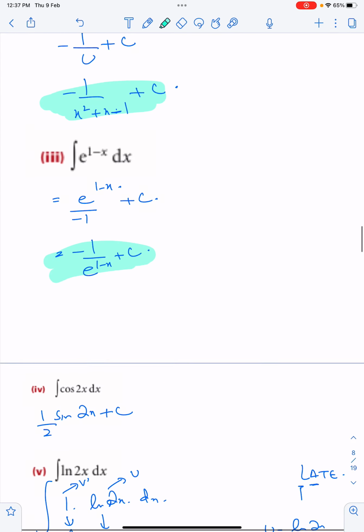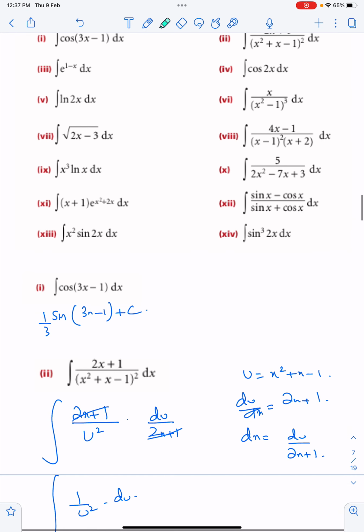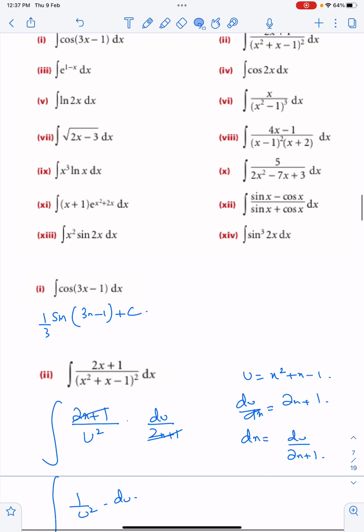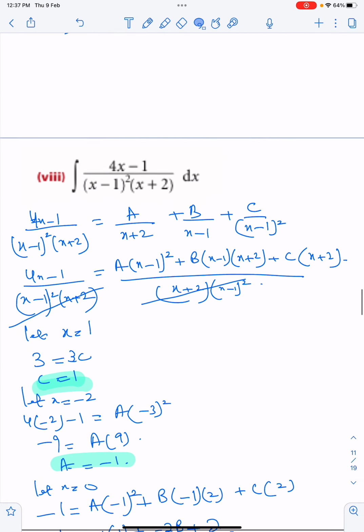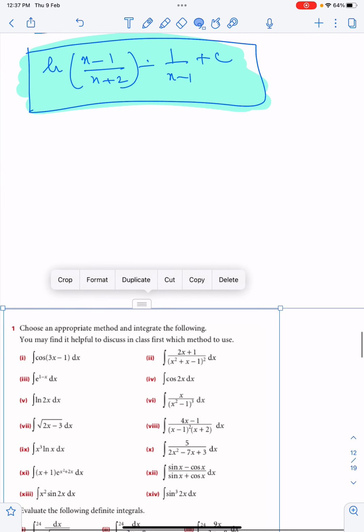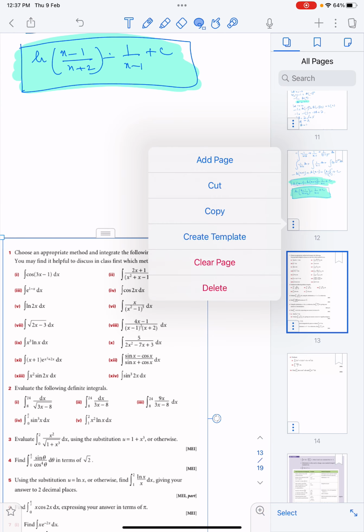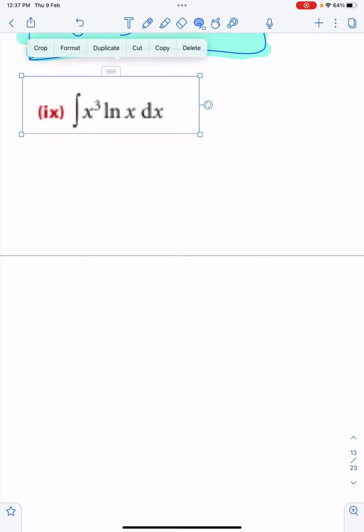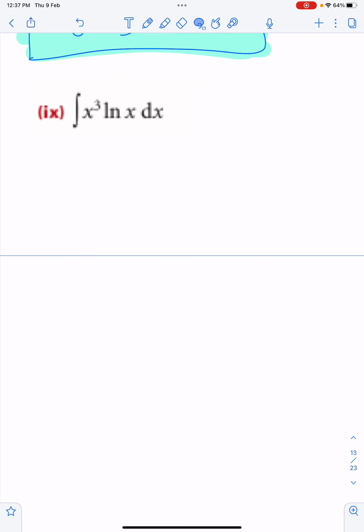Okay, moving on to the next question, which is x cubed ln x. These are two totally different functions, so we can use integration by parts here.